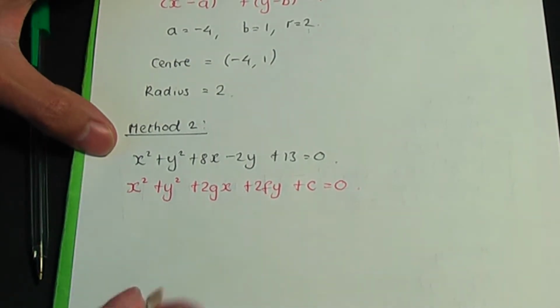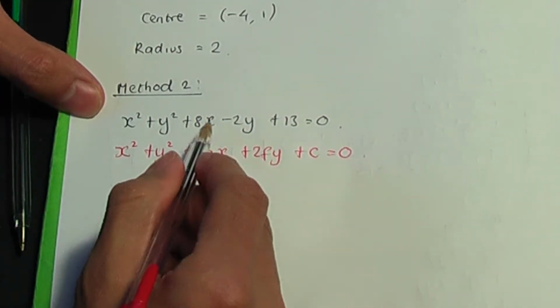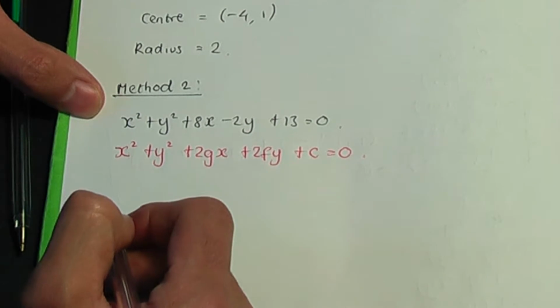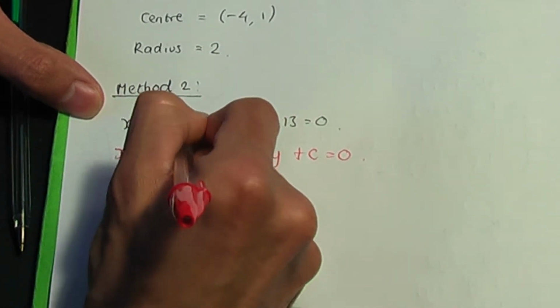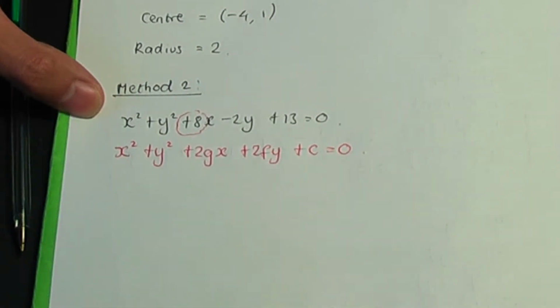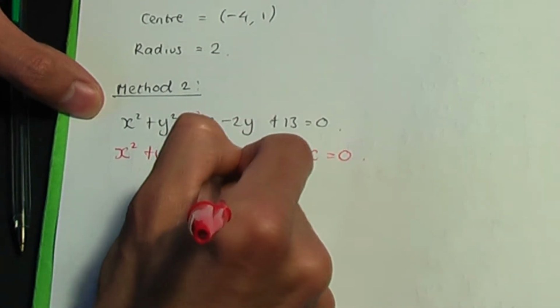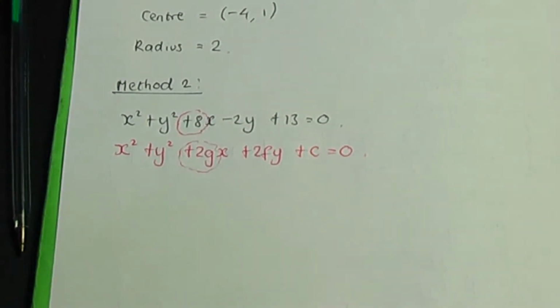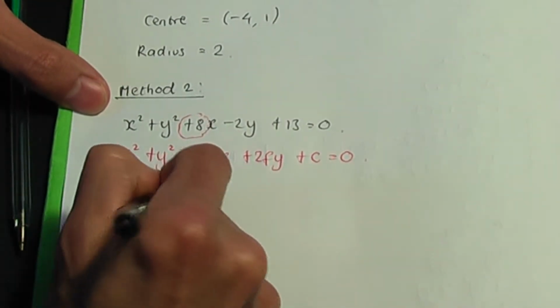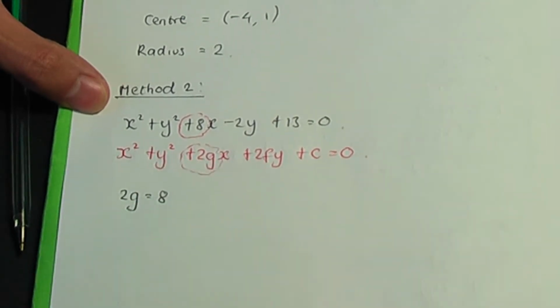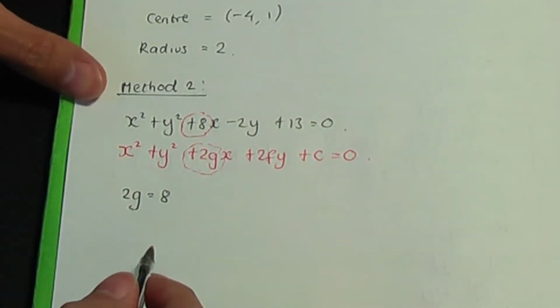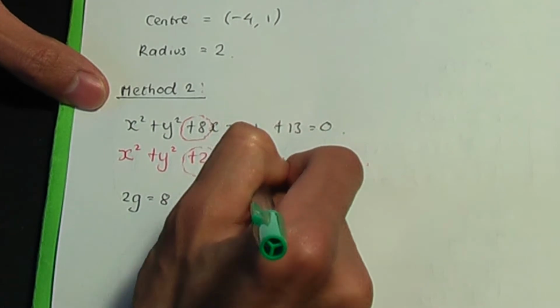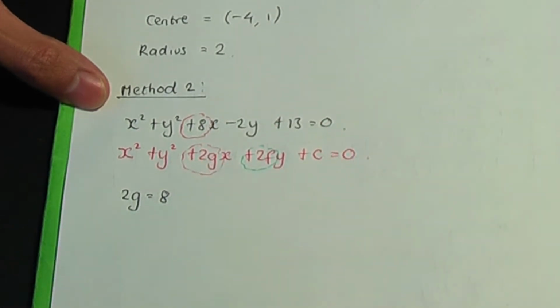By comparison, the coefficient of x will give us 2g. The coefficient of x in this case is +8, so 2g is +8. And if I take a green pen, the coefficient of y is 2f.